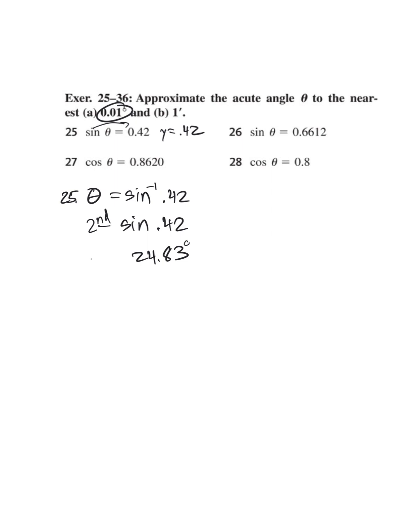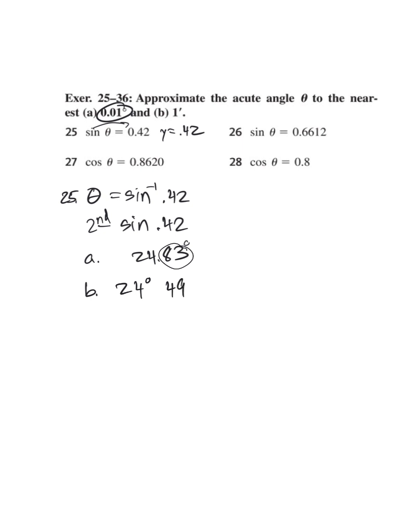So that was part A. Part B, so what we do here for part B is we need to change the 0.83 back into minutes. So this will be 24 degrees. And how you do that is you multiply 0.83 times 60. So to get the decimal, we divide by 60. To get the actual minutes, we multiply by 60. And that gives me 49.8.